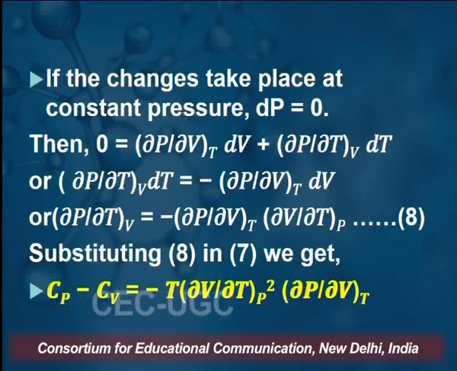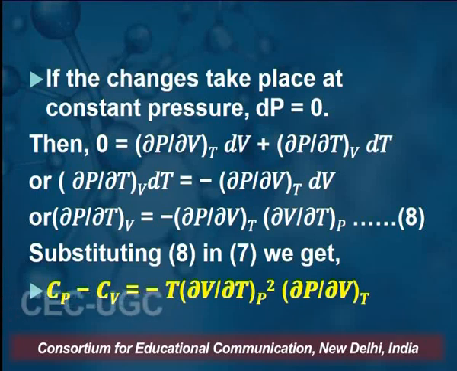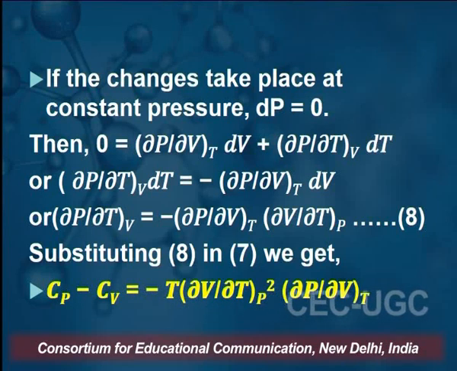Now, if the changes are taking place at constant pressure, we have dP equal to 0. Thus, the left hand side of the previous equation becomes 0. So, what do we get?